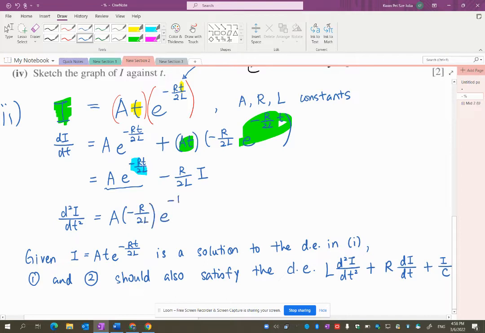And copy this. Then the other term, again, this is a constant. So we are differentiating a constant multiple of I with respect to t. That will give us this constant multiple of di/dt.